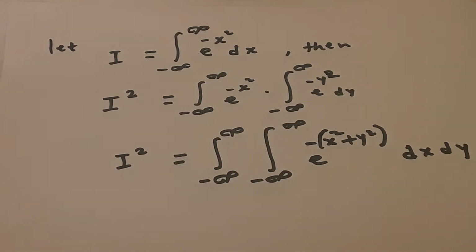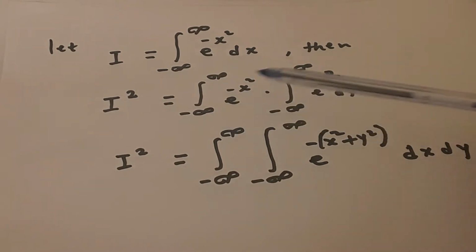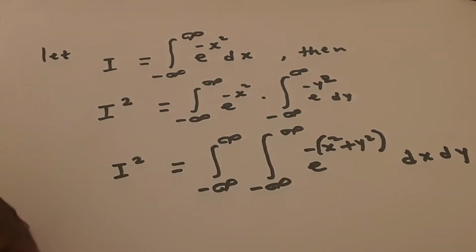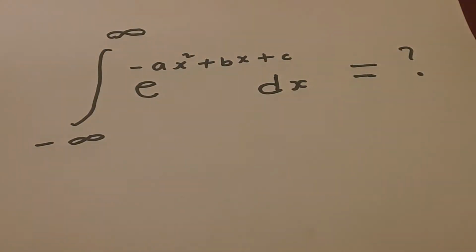So we represent I times I as the integral of e raised to minus x squared dx times the integral of e raised to minus y squared dy. The aim is to find the integration of the previous case.